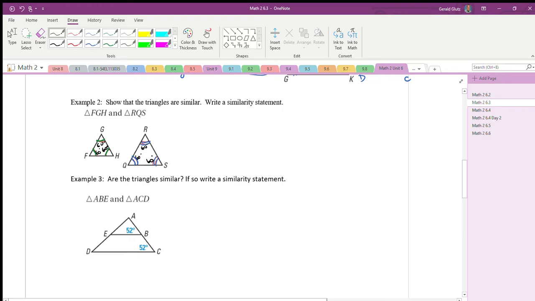So we know that G and R have to be congruent. F and Q have to be congruent, excuse me. So we have two angles that are congruent. So I know that triangle FGH is going to be similar to triangle RQS because of angle-angle similarity.